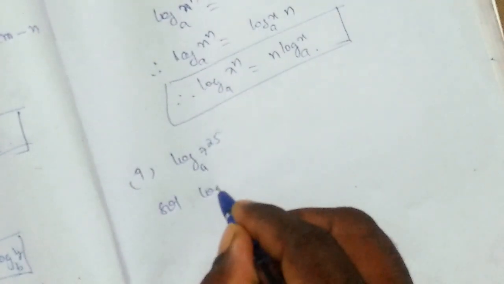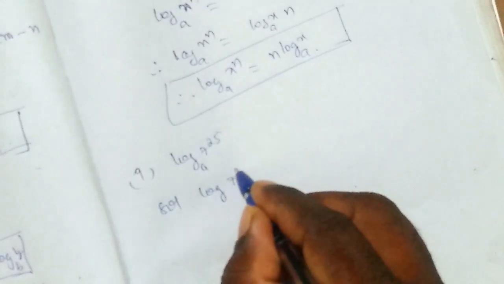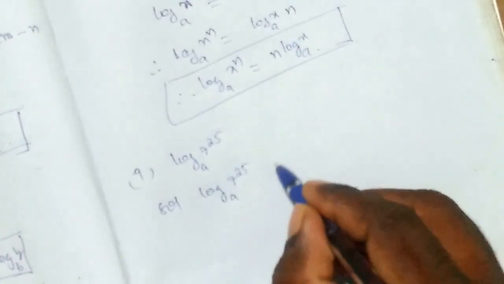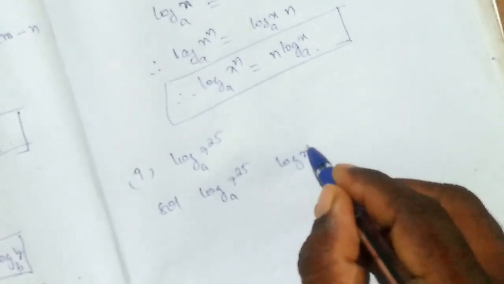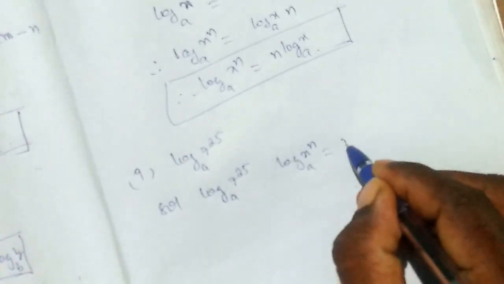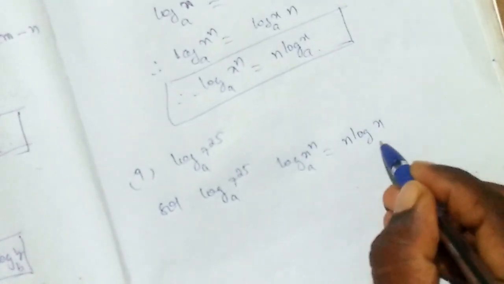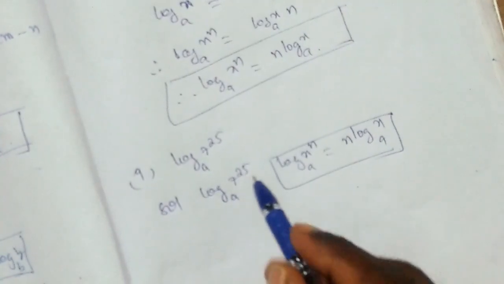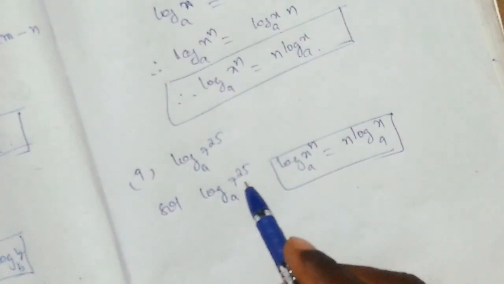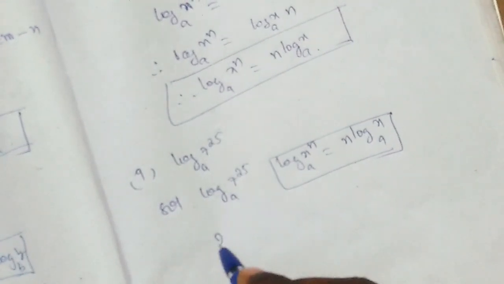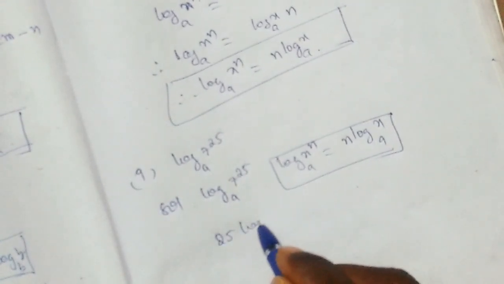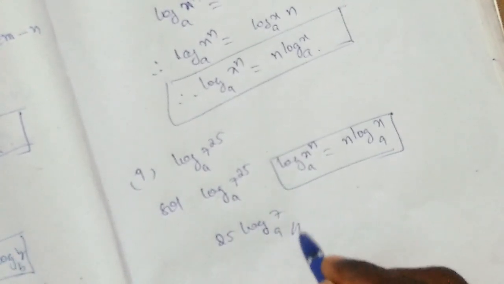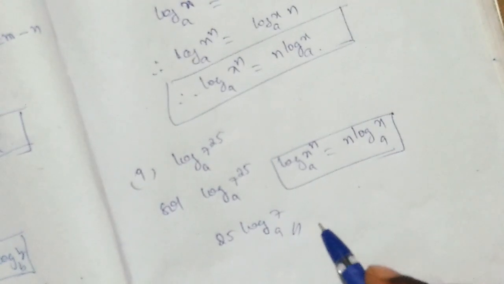Solution: what formula are we going to use? Log x to the power of n base a is equal to n log x base a. This formula I am going to use here. So just write 25 log 7 base a. This is the answer. Remaining problems you have to do.